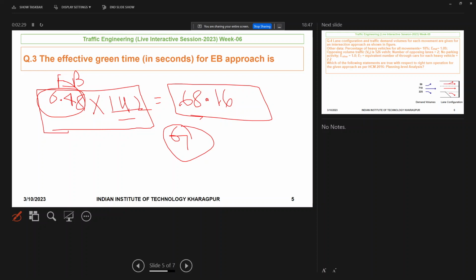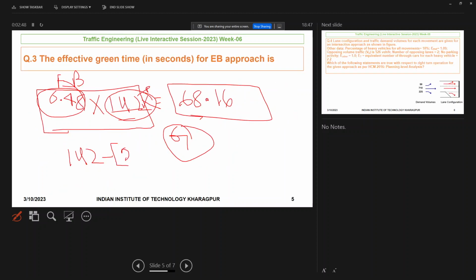Okay, it is not effective green time because we did not calculate the green time. We calculated the total time. So from 142, we have to subtract the lost time, 7 plus 2, 9.